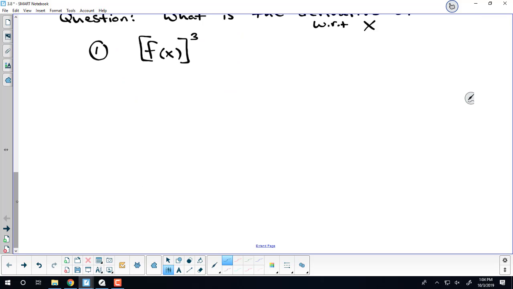So we don't know what that function of x is, but what if I said take the derivative of sine x cubed? We have to use the chain rule, and we take the derivative of the outside, leaving the inside alone, right?